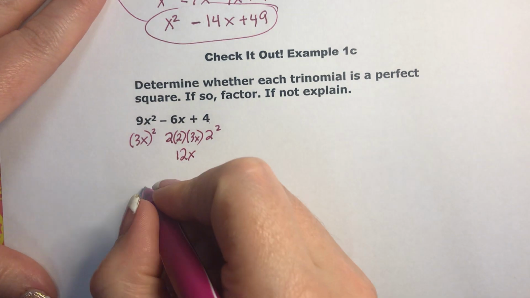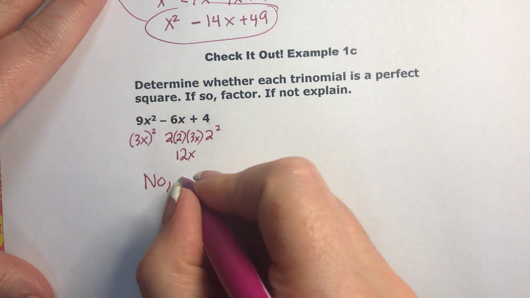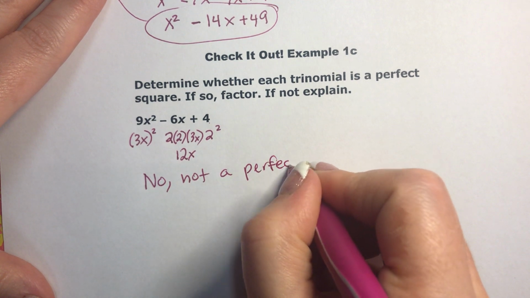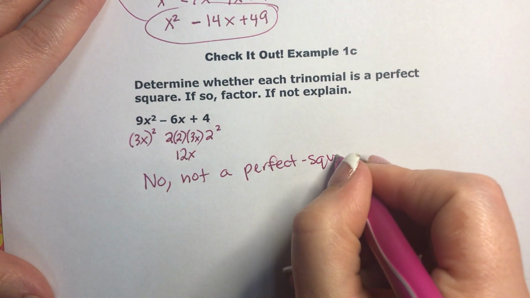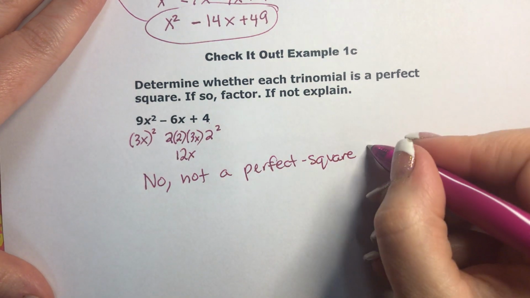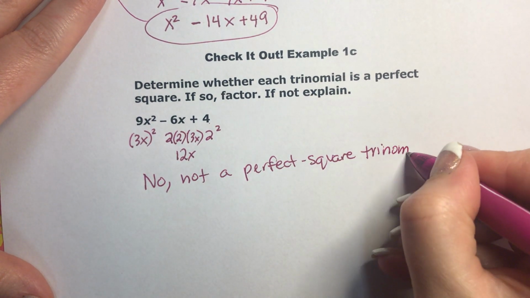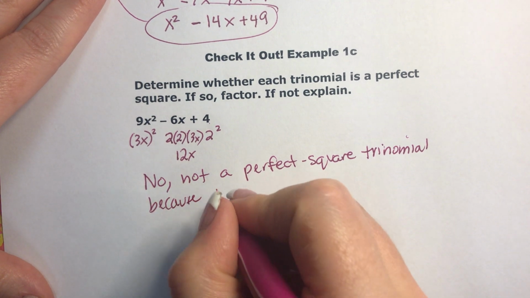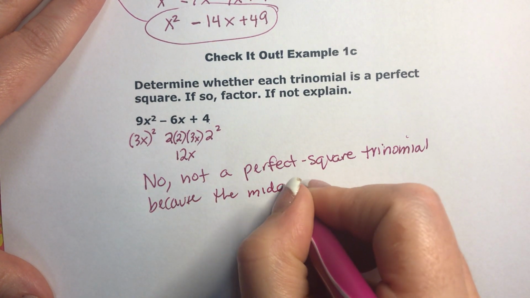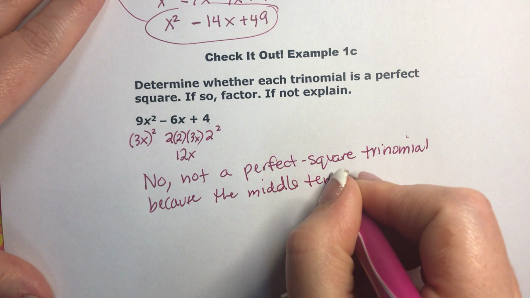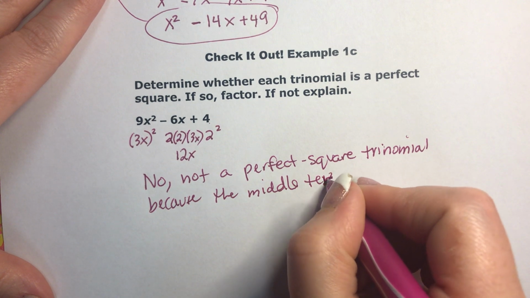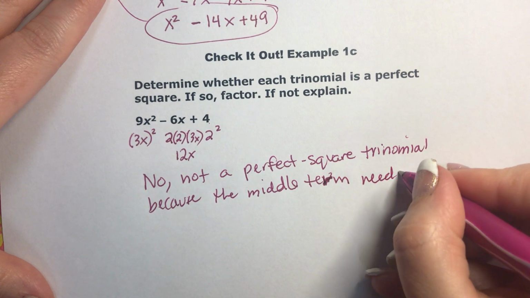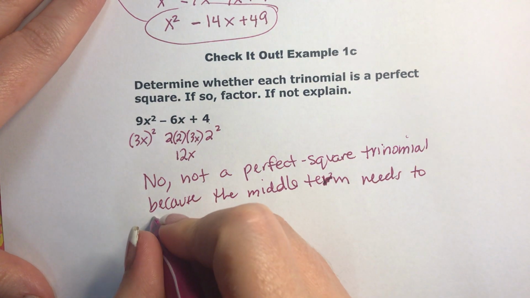not 12x. So no, not a perfect square trinomial, because the middle term needs to be 12x.